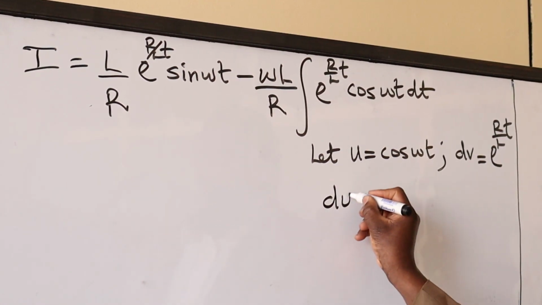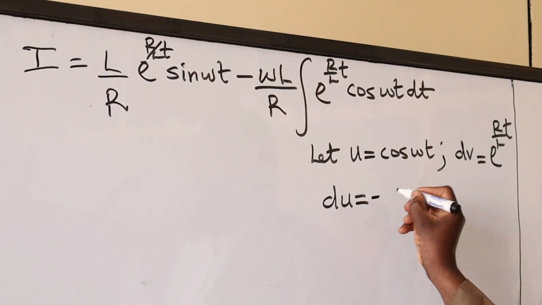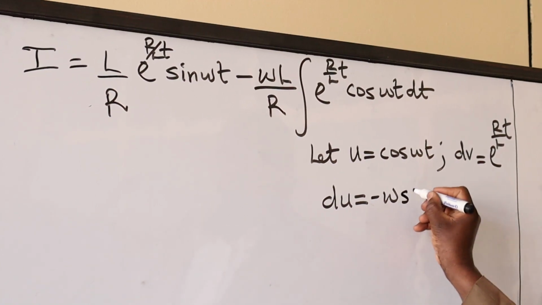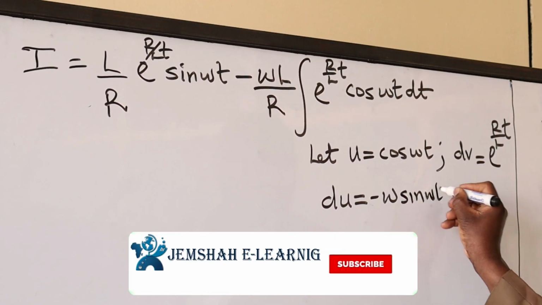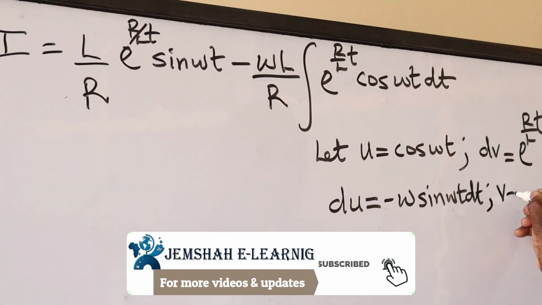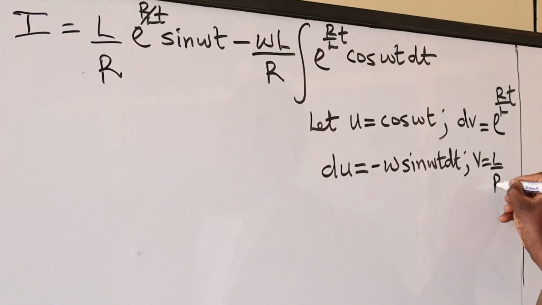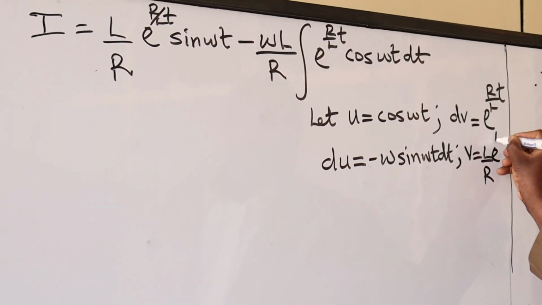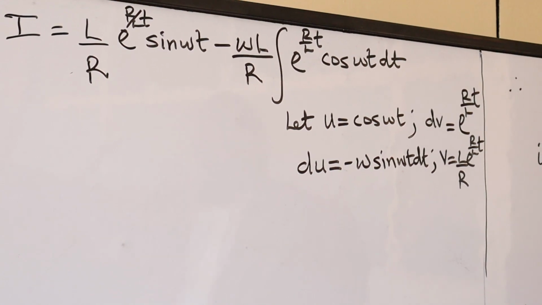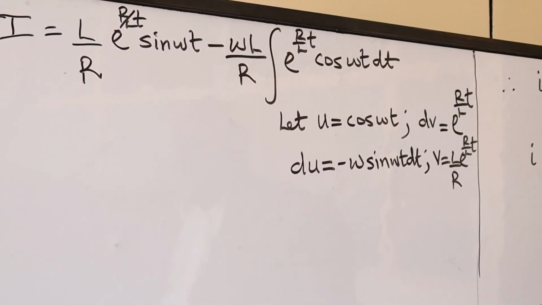So the du will be equal to negative omega sine omega t dt. And our v will be equal to L all over R exponential R all over L t.